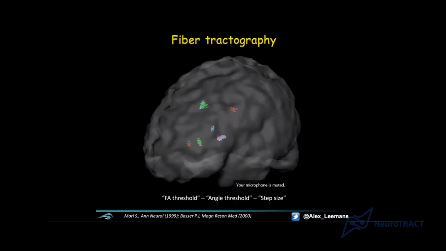Because what you're basically doing is you solve a differential equation, and the simplest one is Euler integration, and you integrate little steps. But the smaller the steps, the more accurate. Anyways, so these are three parameter settings that you can define in fiber tractography, and they might depend on the application, the tract of interest, etc.